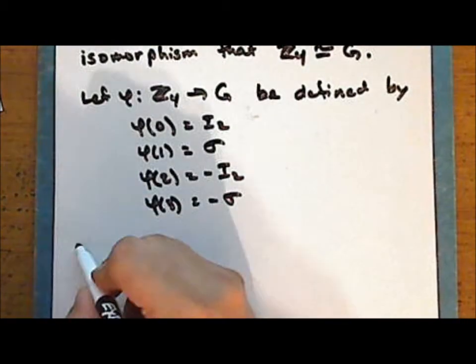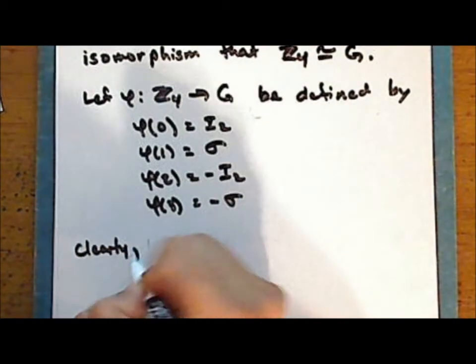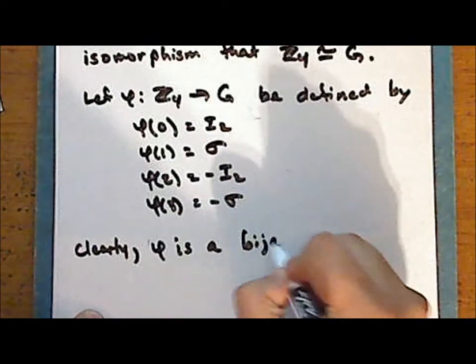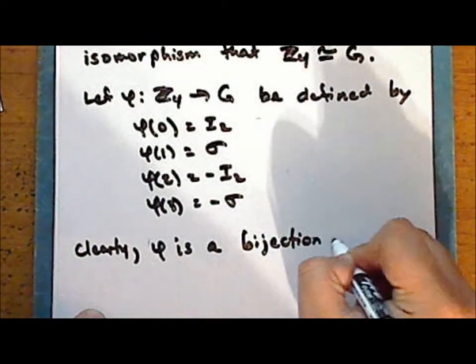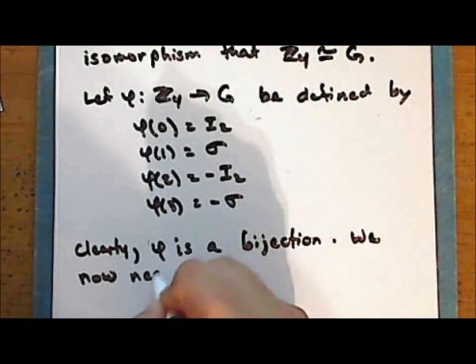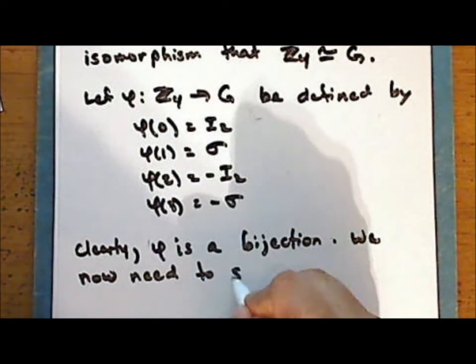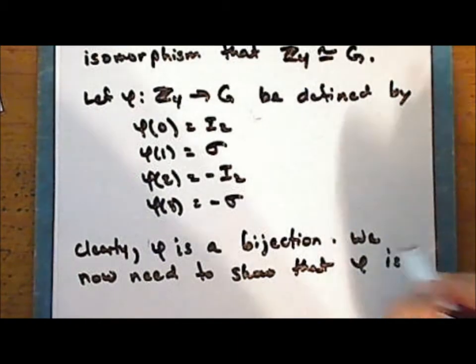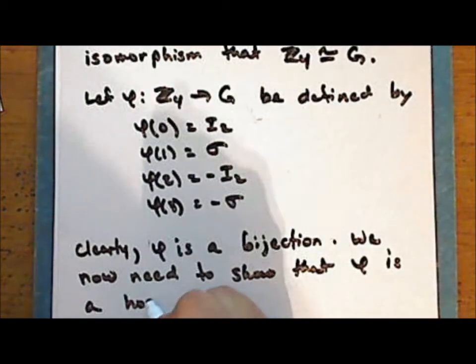So clearly, the map phi is a bijection. We now need to show that this function phi is a homomorphism.